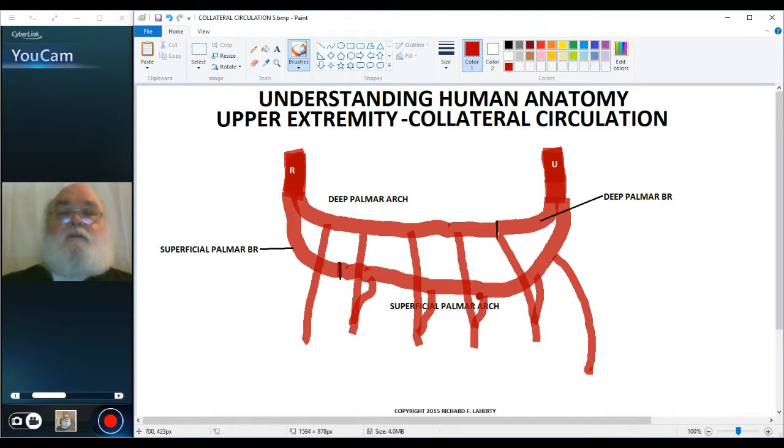And with the exception of the extreme ends, the metacarpal arteries from the superficial and deep arch interconnect to form common metacarpal arteries, and then these arteries will in turn give rise to the digital arteries.